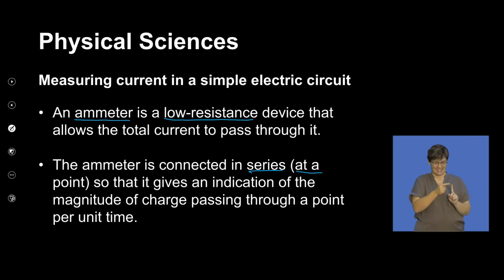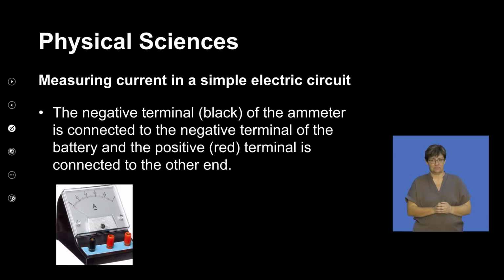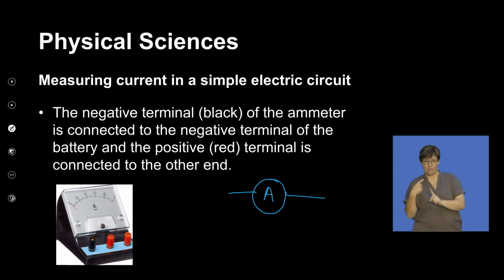The idea is to establish how much charge passes through that point per second, okay? So if we go back again, we would also understand that the 2 ends of the ammeter, even if we represent it symbolically, one end is connected to the positive, the other end is connected to the negative terminal, right?